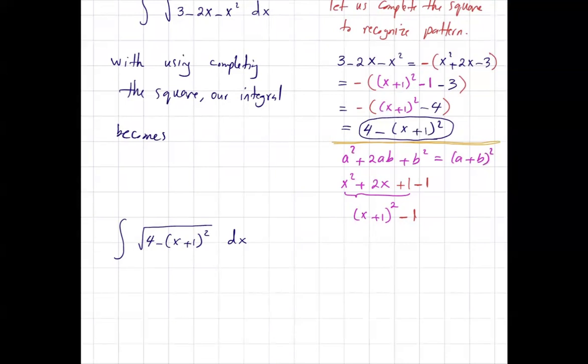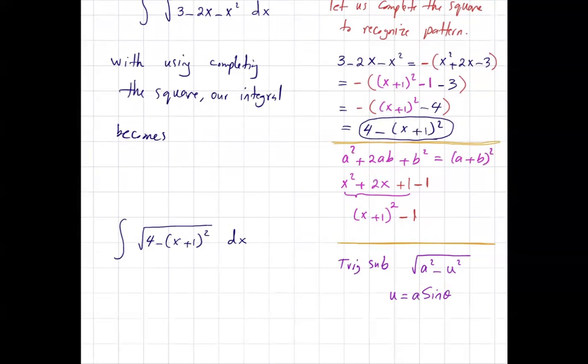Recall that in general, if you have square root of a squared minus u squared, you can use the trig substitution of u equals a sine theta.